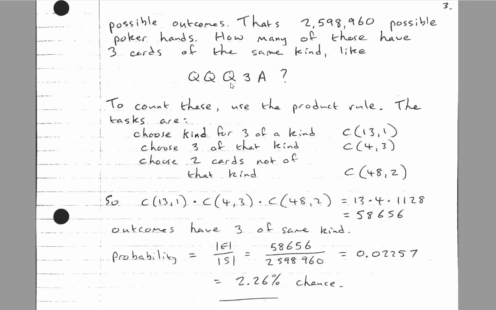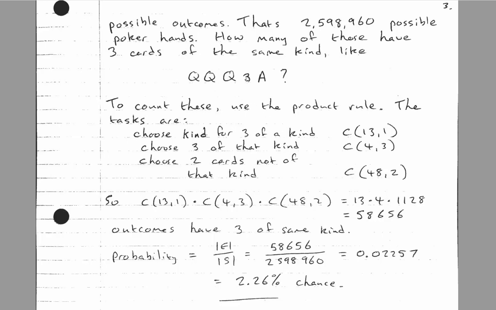Then, once you've chosen the kind, you're only choosing 3 out of the 4 queens here. So it's a combination. You're choosing 3 from 4. You don't care about the order.